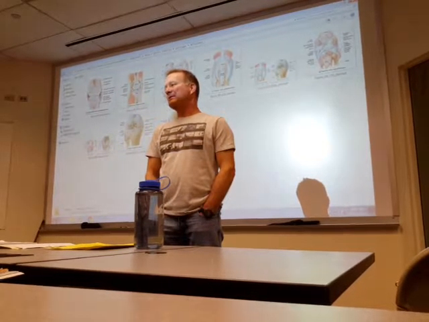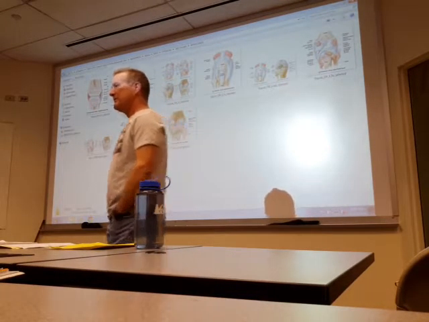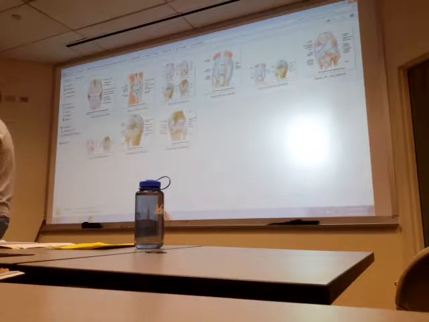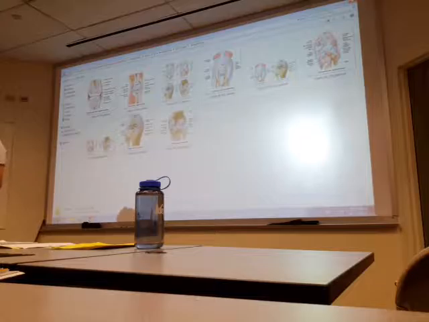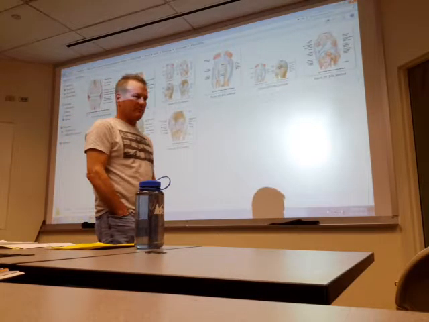Fibrocartilage, slight movement. Your intervertebral discs fall into this category. Histology, intervertebral disc, fibrocartilage. So the joints between the vertebrae.